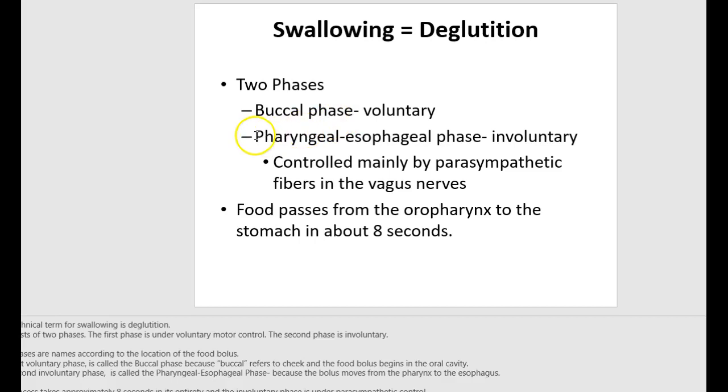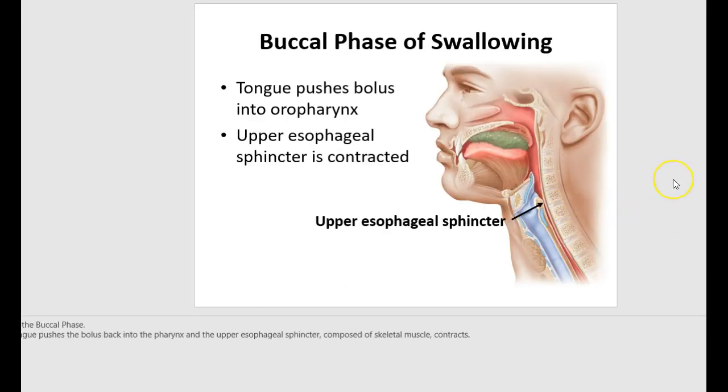But in the second phase, the pharyngeal esophageal phase, the bolus has passed from the pharynx to the esophagus, and it continues to move. In total, the whole process takes about 8 seconds to go from the top of the pharynx all the way down to the stomach. We're going to look at these two phases in slightly more detail.